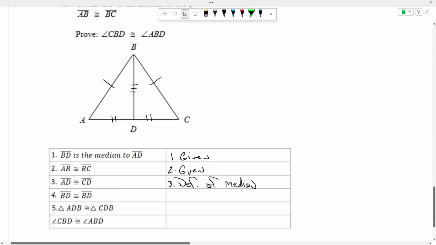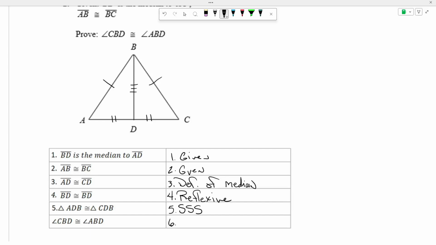So number 4, we write reflexive property, saying one piece is congruent to itself. Our triangles, just like the last example, are congruent to each other by side, side, side. And therefore our last one right here, angle CBD is congruent to angle ABD because corresponding parts of congruent triangles are congruent.